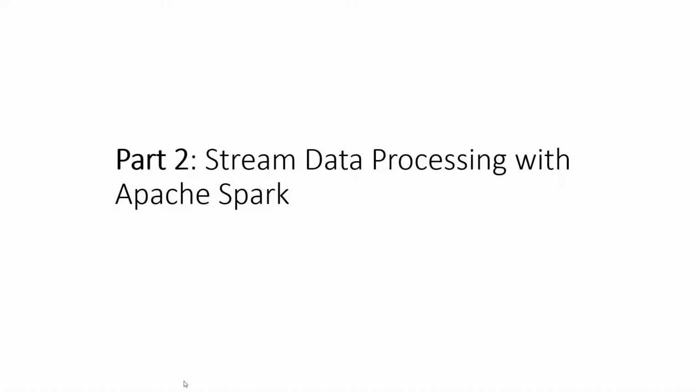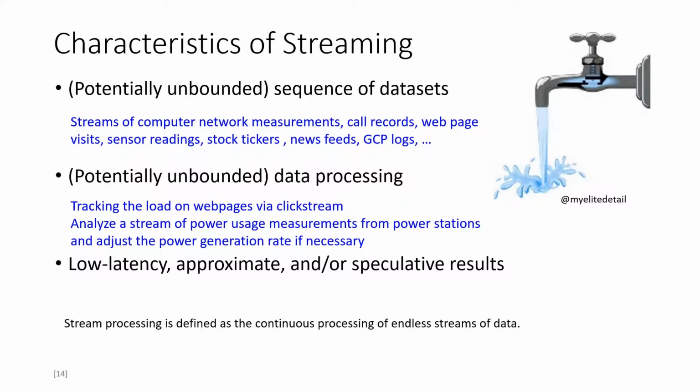Now we are going to learn about stream data processing with Apache Spark. In general, we can define stream processing as unbounded processing of unbounded data. The data processing system considers stream sources as unbounded sources, which means once this source is open, the processing system assumes there will be a continuous stream of data from that source until it is explicitly closed.